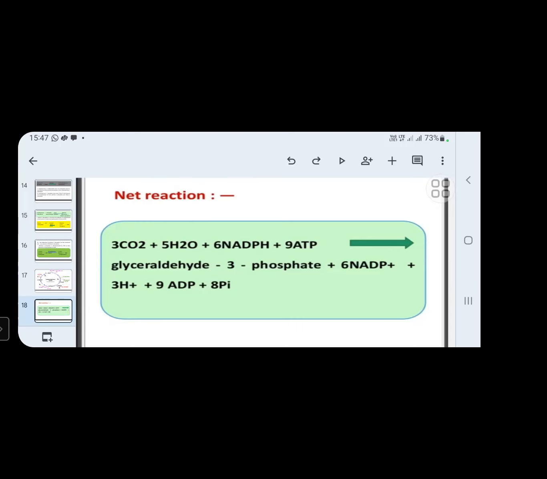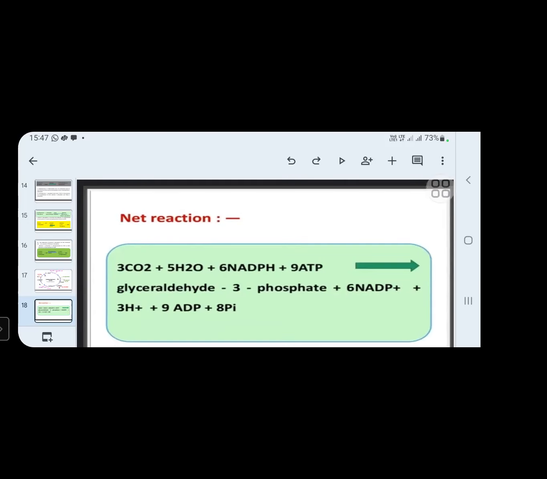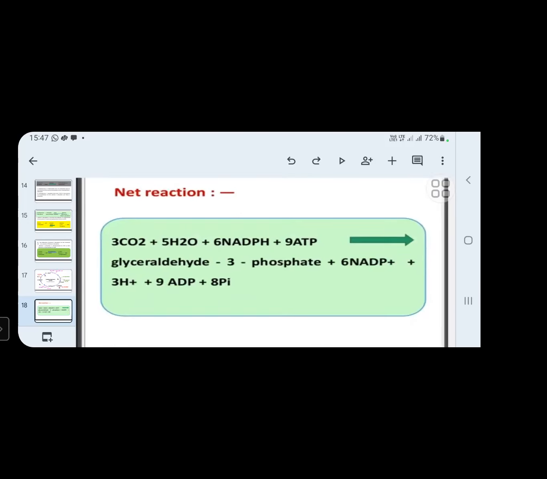For our convenience, we categorize the phosphoglyceraldehyde and dihydroxyacetone phosphates, and we will split them into minimum 5 groups.